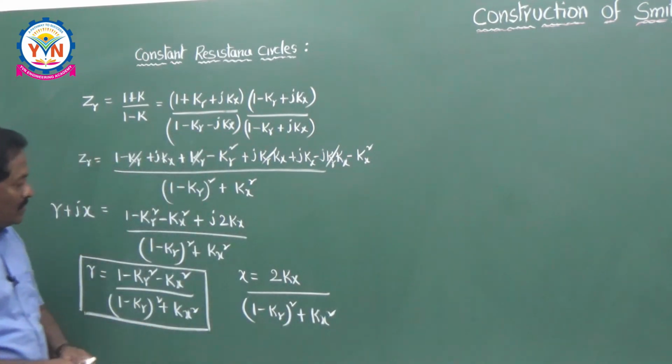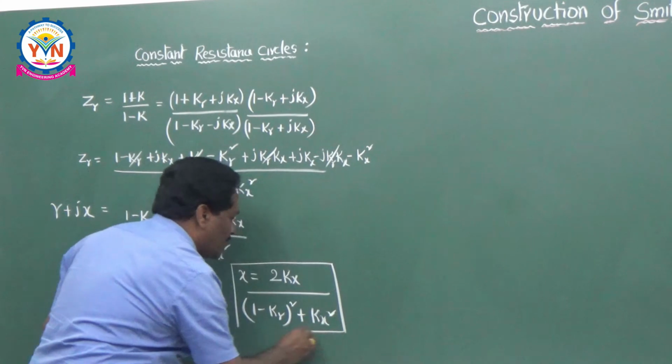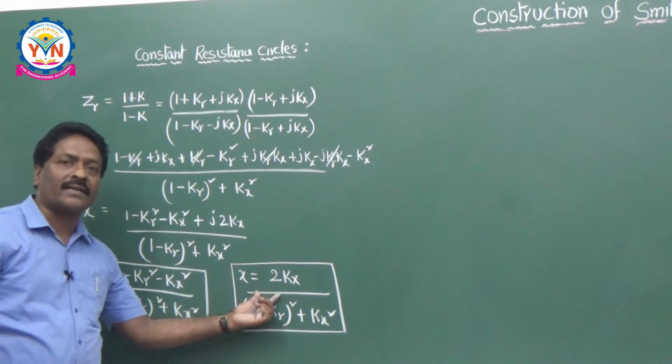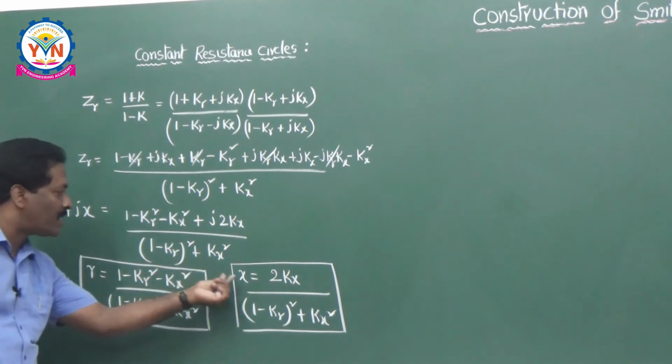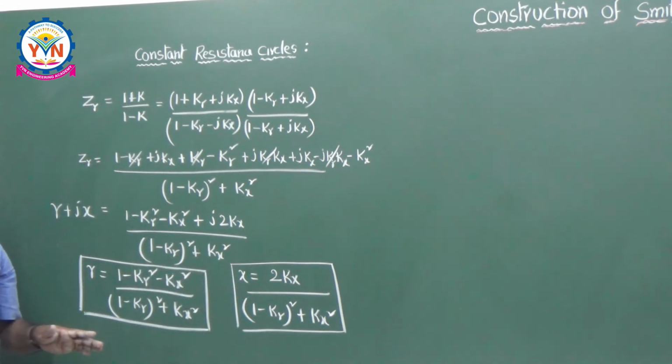So now we observe that there are two equations here, and this equation is telling about the resistance circles and this equation is telling about the reactance circles. I am using small letters r and x to denote that they are normalized. Normalized means dividing by the characteristic impedance.